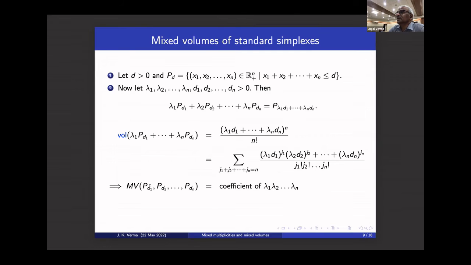And so the mixed volume of these simplexes is the coefficient of lambda 1, lambda 2, ..., lambda n by the Brunn-Minkowski theorem, and this is the product of the d_i's. So the arm lengths of these simplexes are being multiplied here to get this mixed volume, and perhaps that is the reason why it is called mixed.